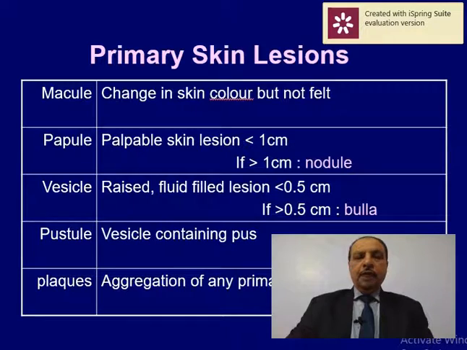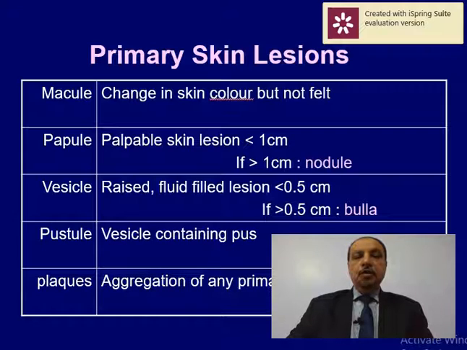The definition of the macule is a change in the skin color, but it is not felt, while the papule is a palpable raised skin lesion below 1 centimeter in diameter. If it is more than 1 centimeter in diameter, we call it nodule. The vesicle is a raised fluid-filled lesion.